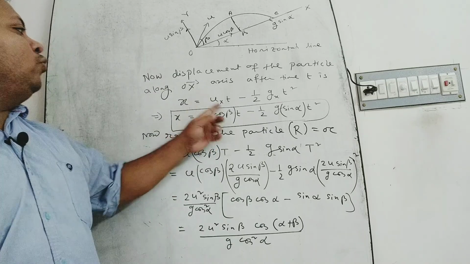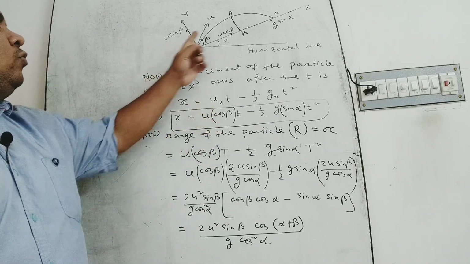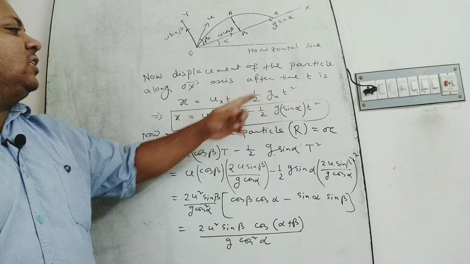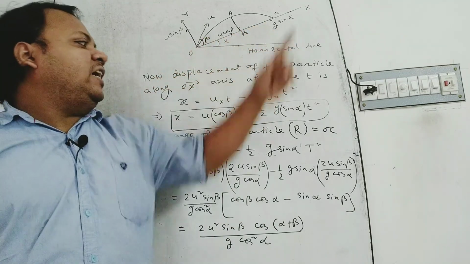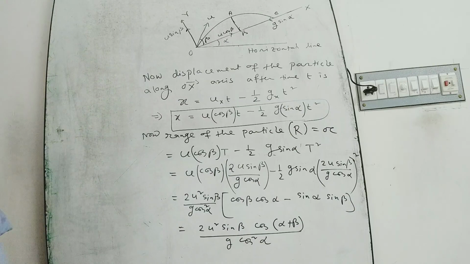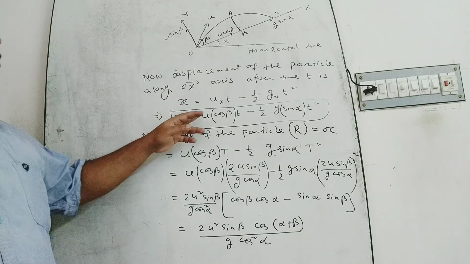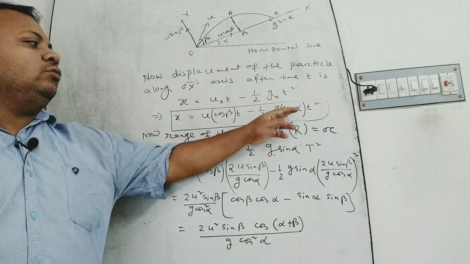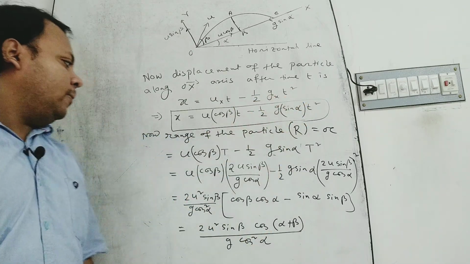Here Ux is equal to u cos beta and Gx is g sin alpha. That is, x is equal to u cos beta into t minus half g sin alpha into t square.